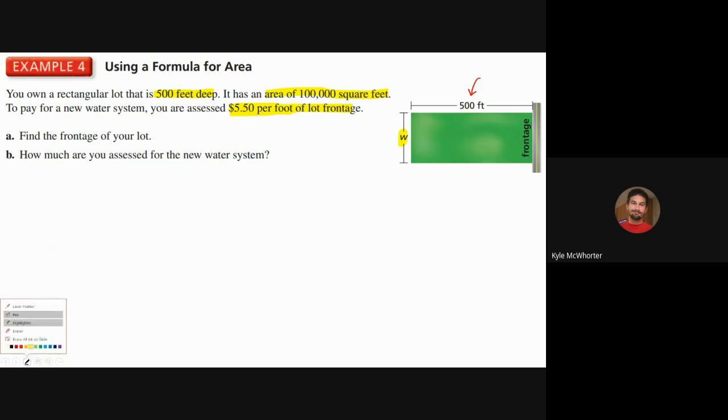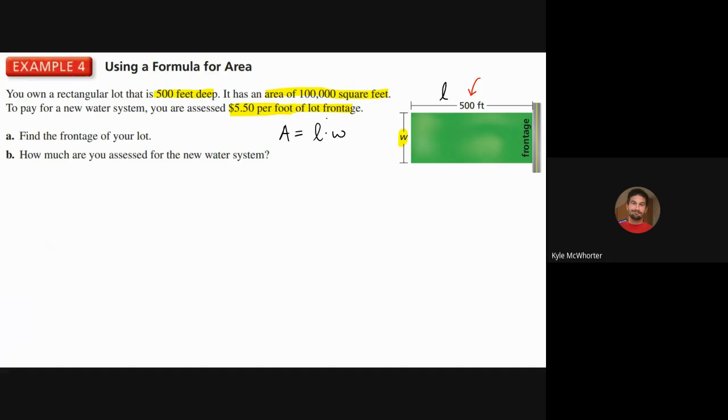Okay, well, we have the area and we have the depth. So in this situation, this is like the length, and the W would be the width, and the area of the rectangle is length times width, right?